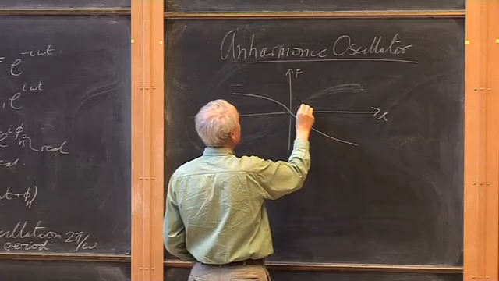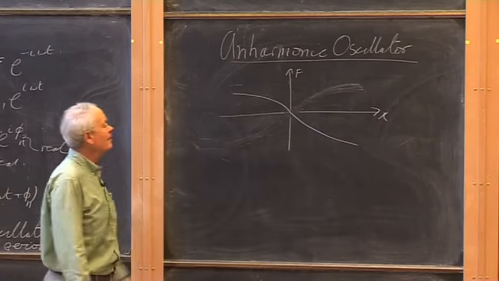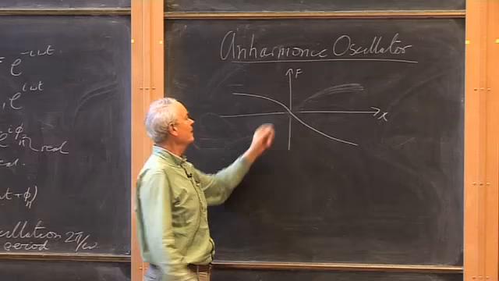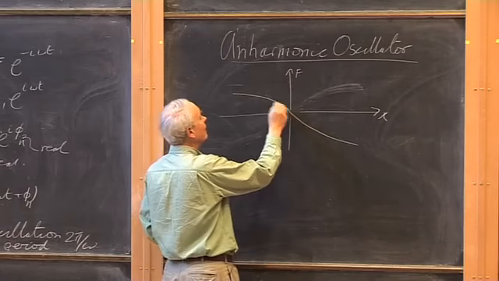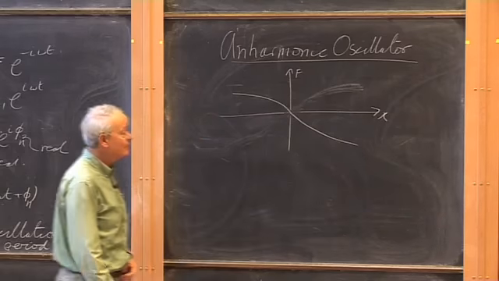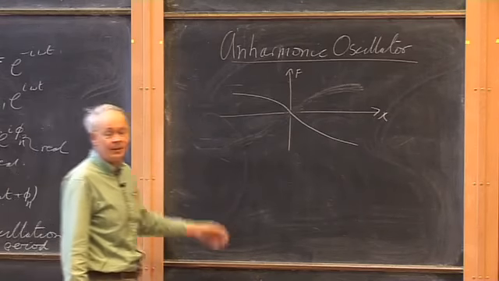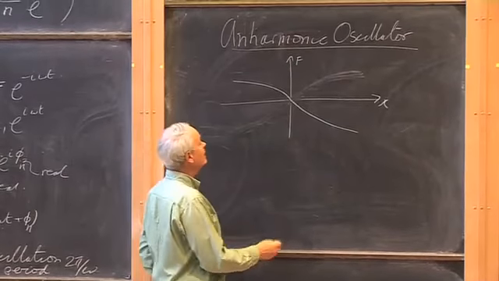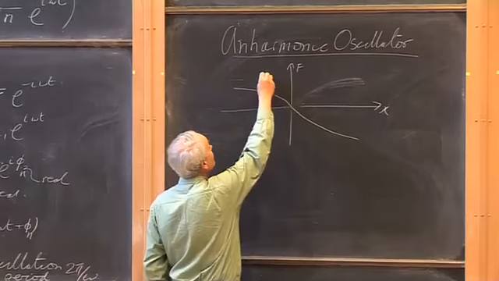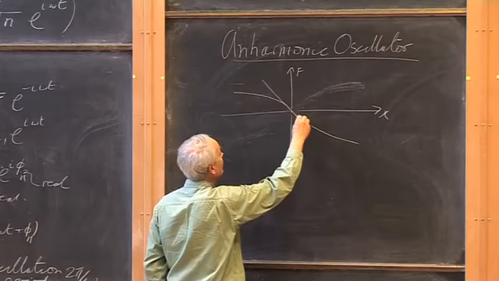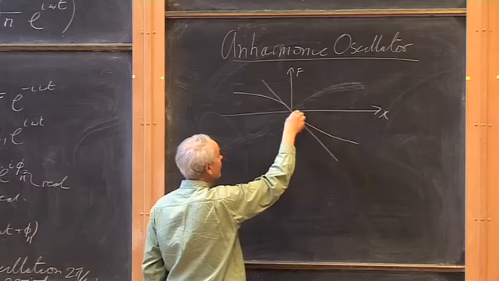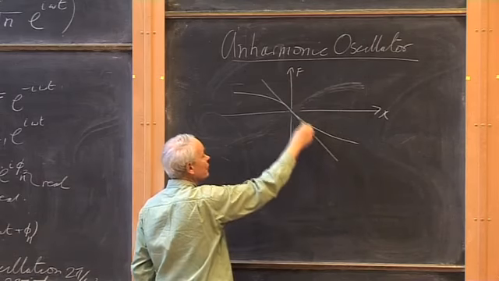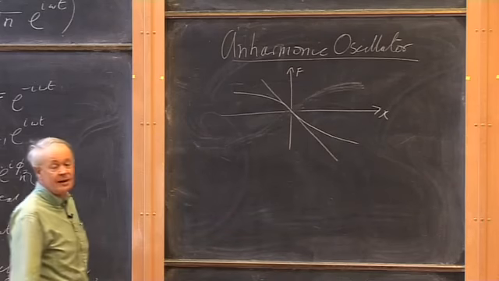So if I displace myself positively in x, the force becomes negative and pushes me back. If I displace myself negatively, the force becomes positive and pushes me back. So that's a stable equilibrium. And a harmonic oscillator arises if we approximate the curve of this force versus distance by the straight line that's tangent to it at that point.